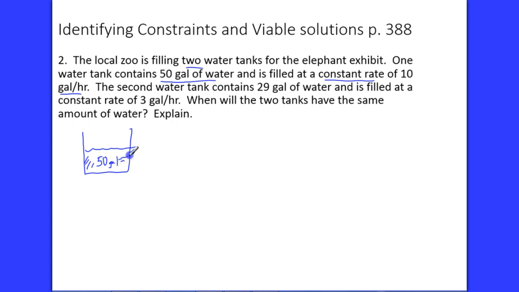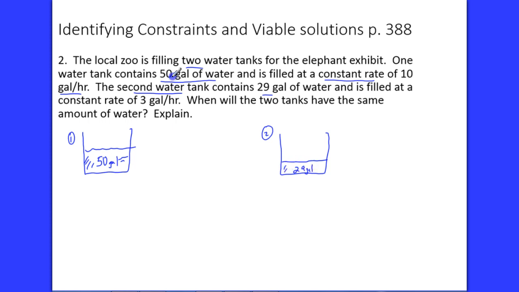It's an elephant tank. Let's call that tank number 1. And then over here there is a second water tank, and it only contains 29 gallons of water. So here's tank number 2, and it contains a little bit less water, 29 gallons.